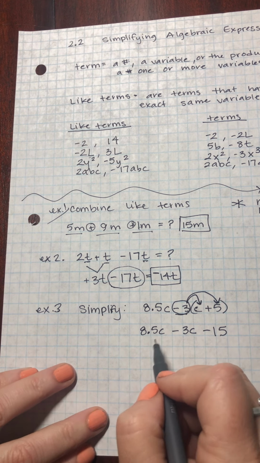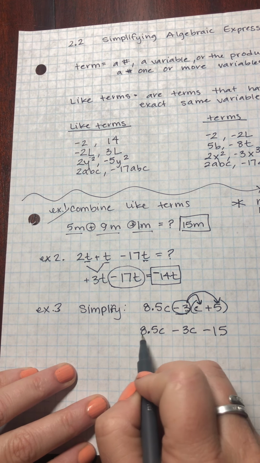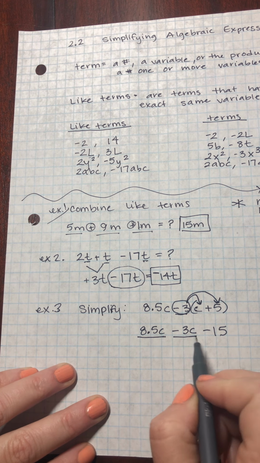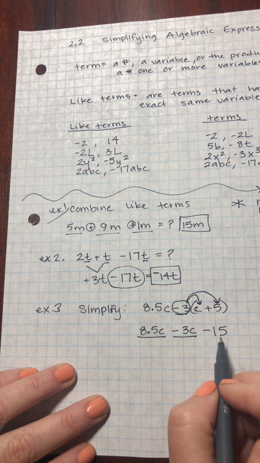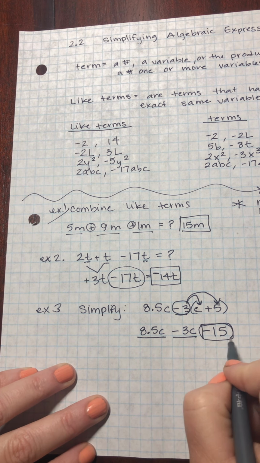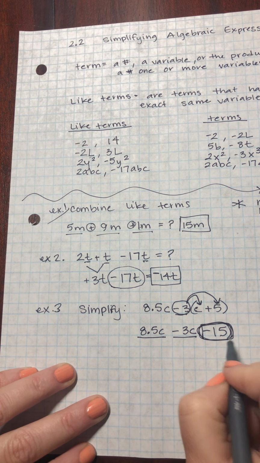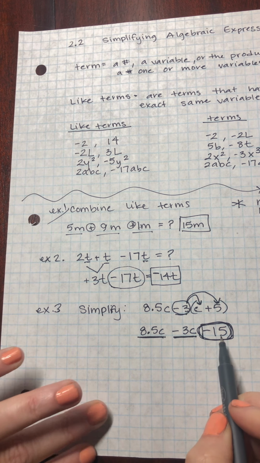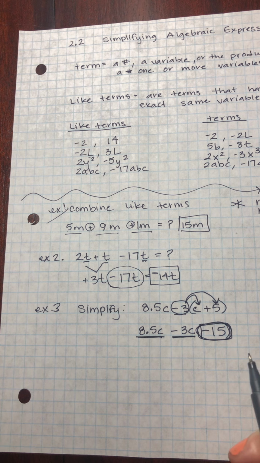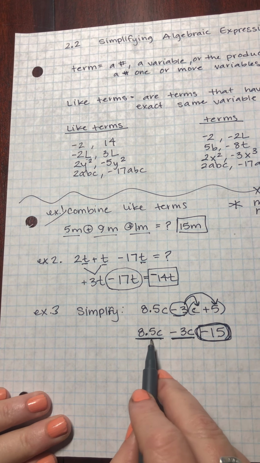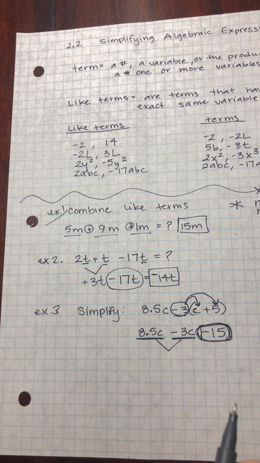When I'm looking at this, I see that 8.5 has a c. And so does negative 3. It also has a c, but 15 doesn't. So if I was trying to group my like terms, I only have 2 that are the same. Negative 15 is something else. I don't know what it is. It's something else, okay? So I can only combine the ones that are like.